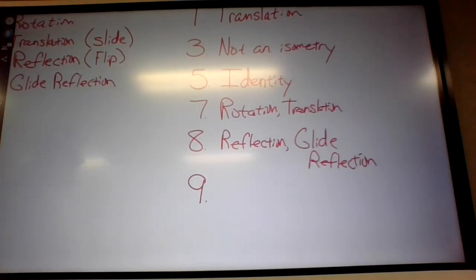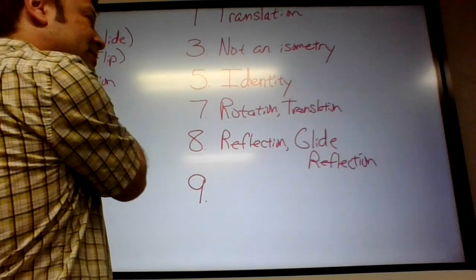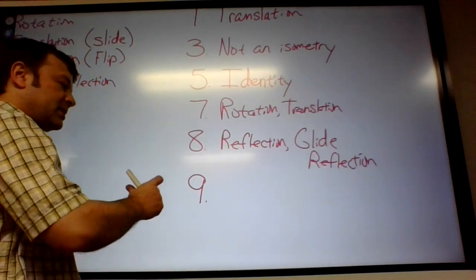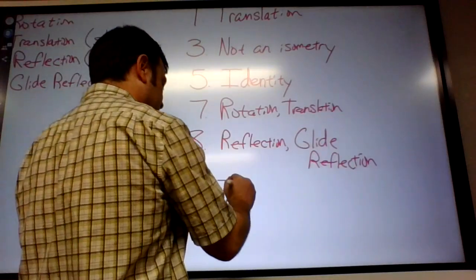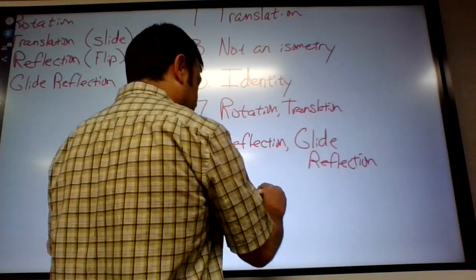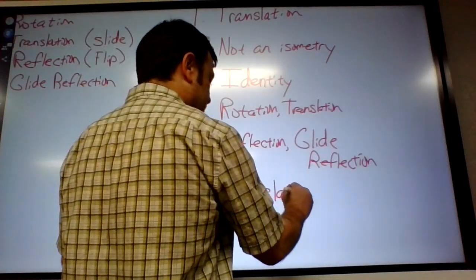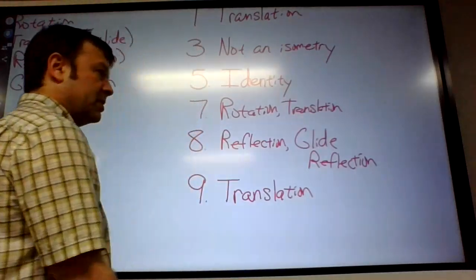So on number 9, how do we get from triangle ABC to triangle A'B'C'? What's happening there? Translation is just shifting over. That is a translation. Kind of a repeat of number 1.